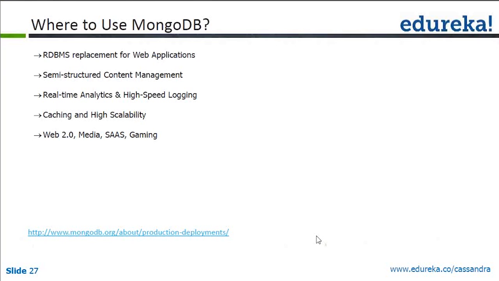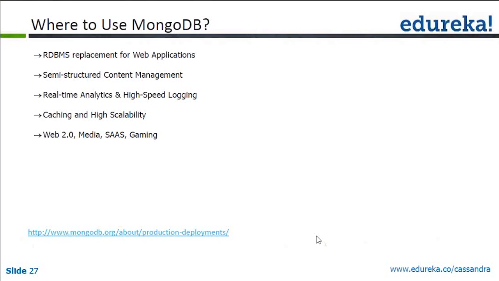So it is mainly a replacement for web applications, content management, and high-speed logging, real-time analytics, because it supports a very good framework, right? And then we have a caching layer. MongoDB supports memory-mapped files. All right, so that's how the operations can be very fast.